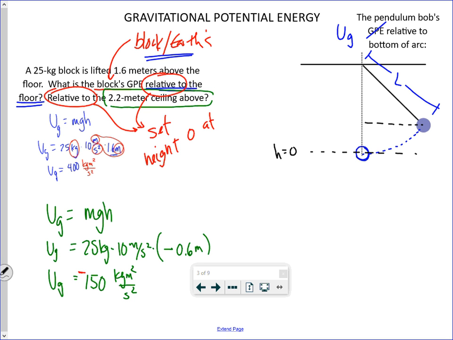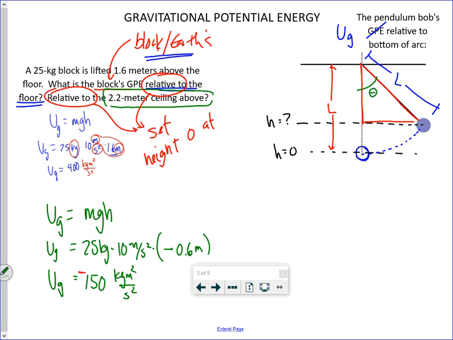Here is the height that we're looking for. Oh, you may notice, well, remember, the length of the pendulum string is L, so that's still L. And look, we've got a right triangle here. And a lot of times it's common to talk about how far a pendulum is displaced from the vertical.